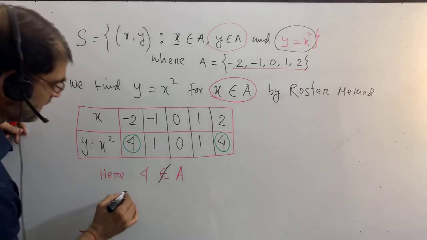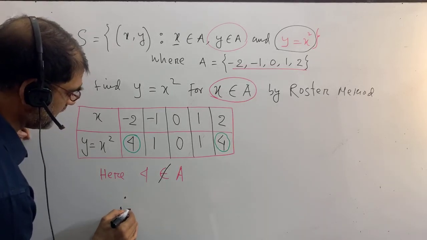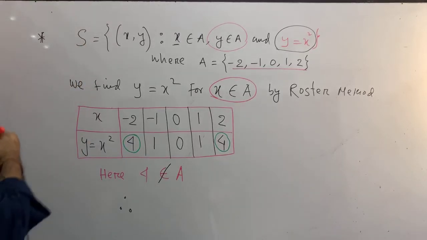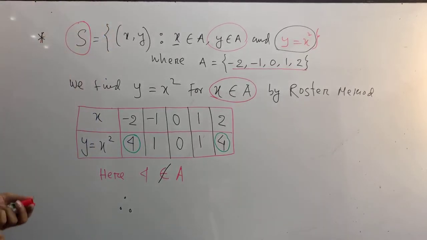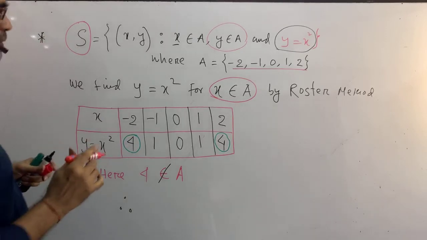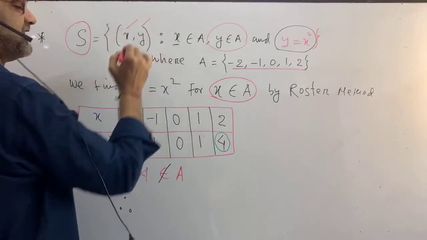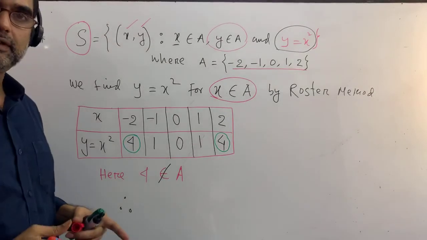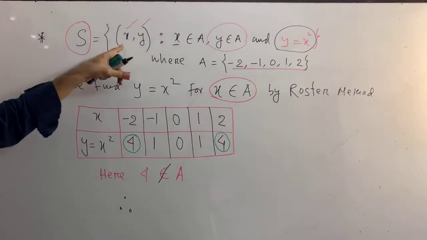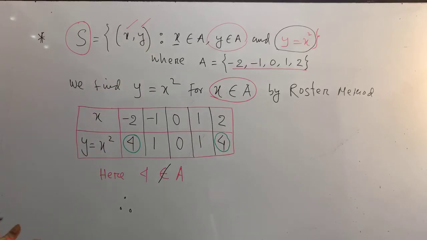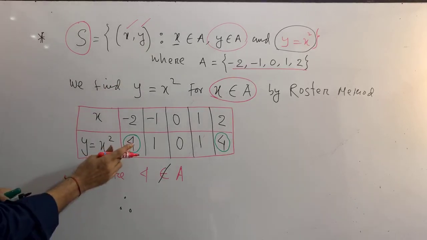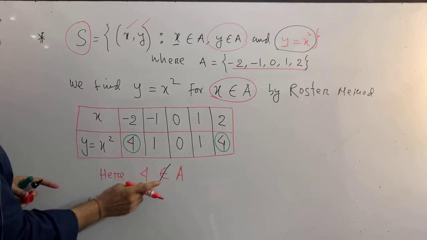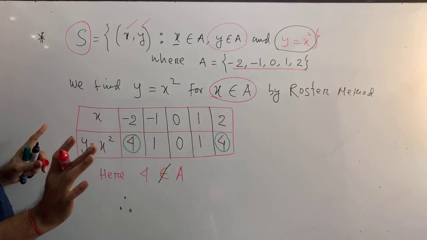Therefore, we can write here, if 4 does not belong to A, then it is what? It is the set, right? Okay, it is the set where it is to be written x comma y, that is, it will be maintained by ordered pairs, right? X comma y. So what is the ordered pair of this value? It is 4 does not belong to A. Okay, does not belong to A, okay.